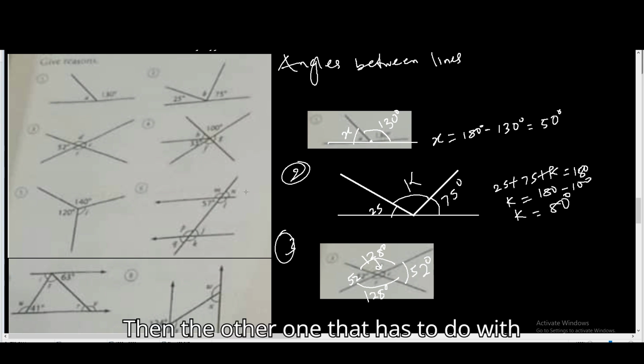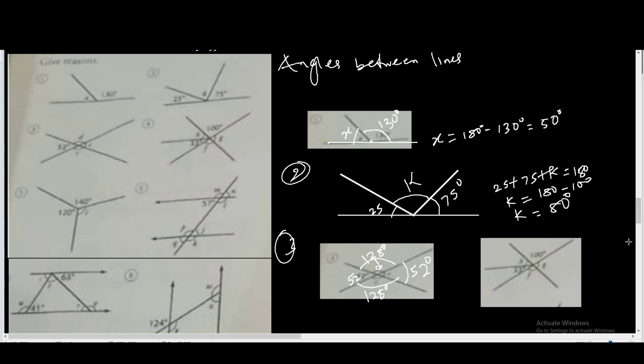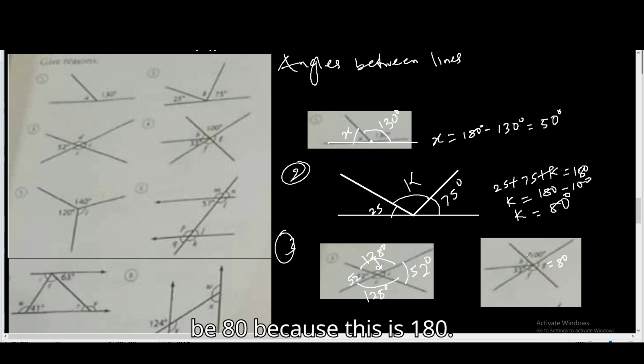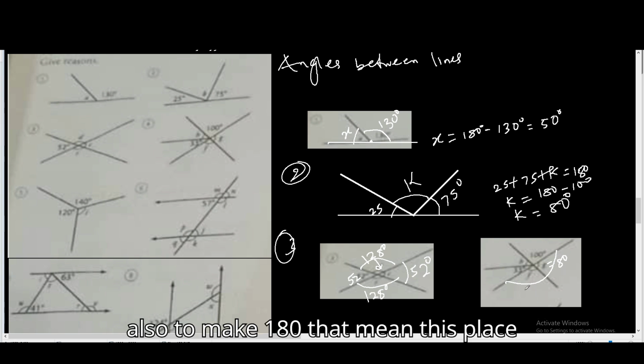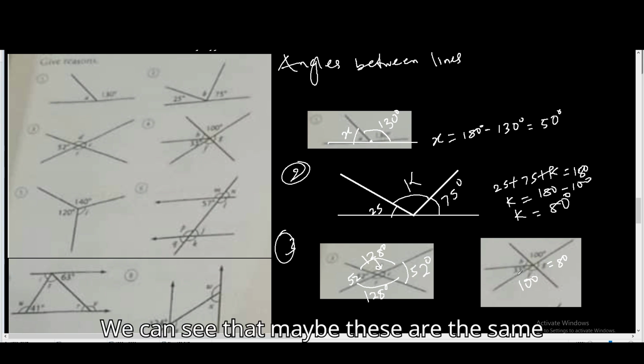Then the other one that has to do with that kind of thing is this one. So you can see that there's a straight line and we have 100 and an alphabet here. So that alphabet must be 80 because this is 180. Then this is 80 and something also to make 180. That means this place should be 100. And we can see that maybe these are the same or something.